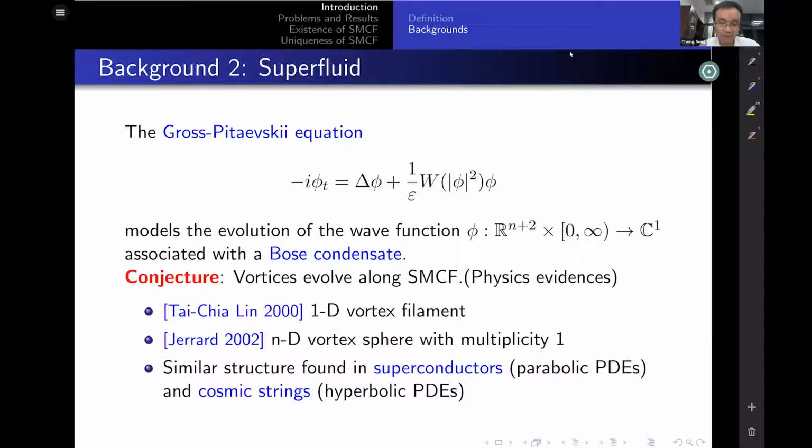I believe it was first studied for 1D vortex filament by Lin in 2000, and Gerard solved this problem when the vorticity concentrates on a sphere with multiplicity 1.